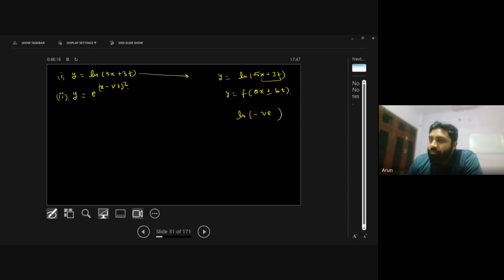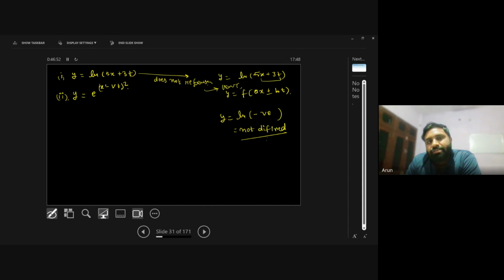But the logarithm of a negative number is not defined. You know it, na? So it is violating the rule number 2, and that is why this equation does not represent a wave.